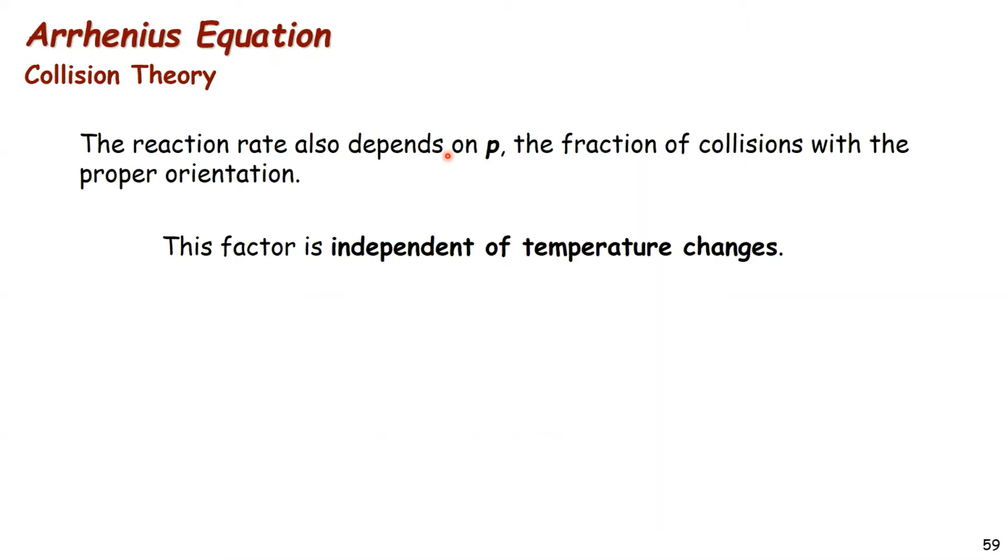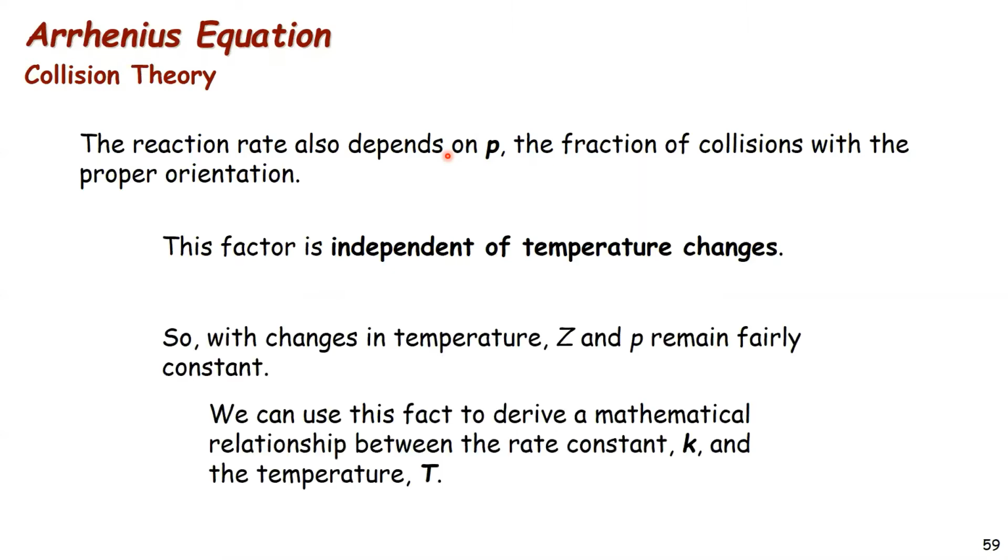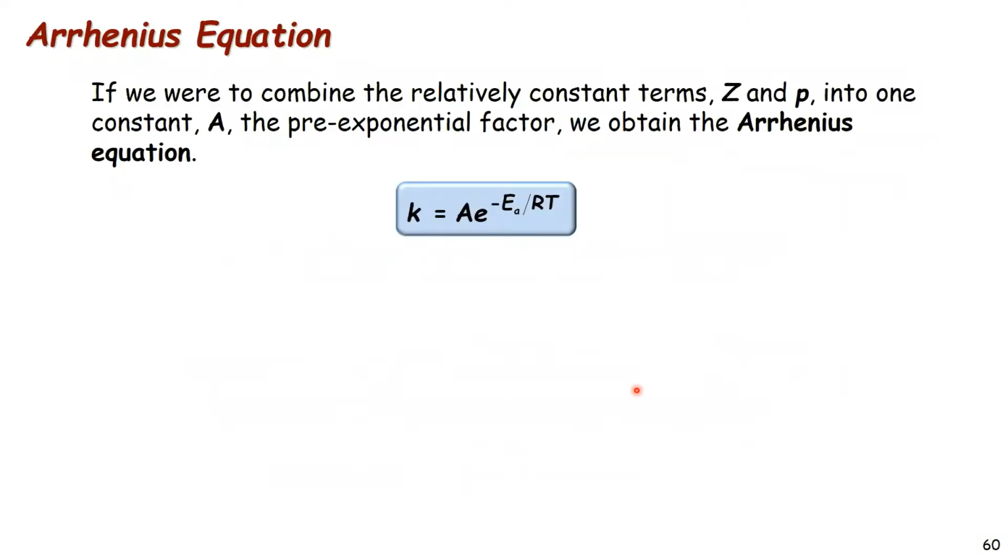So since we already know that P, the fraction with the correct orientation, and Z, the collision frequency, are both basically temperature independent, we're going to combine them together and make that a single constant, which we're going to call A. Okay, so A is known as the pre-exponential factor or the collision frequency.